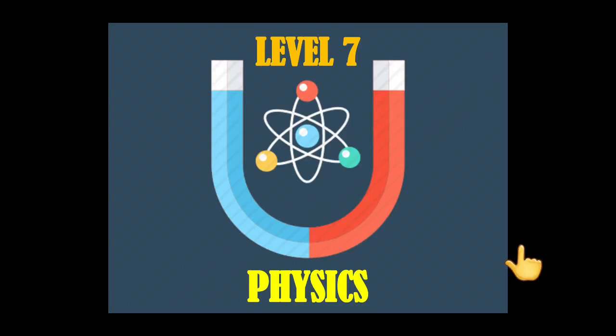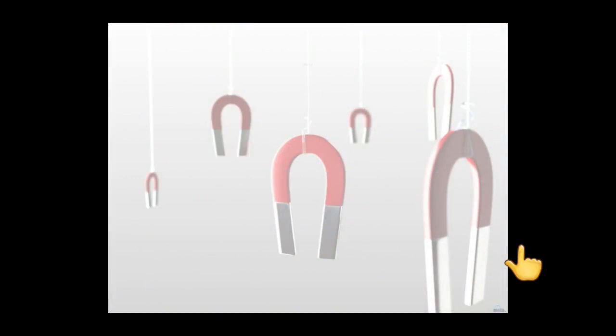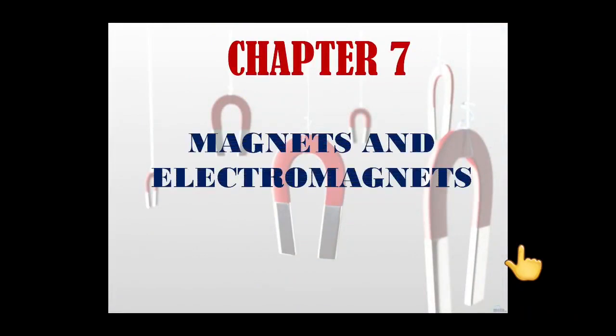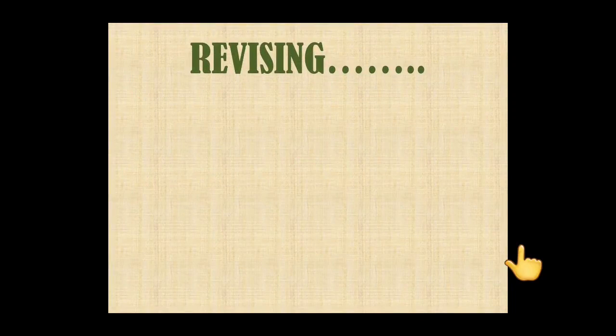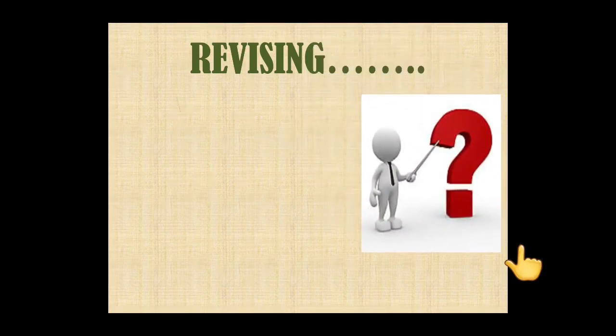In physics, we are in chapter 4, Magnets and Electromagnets. Before starting today's topic, let's revise what we have studied in the previous classes. The first topic you learned about was magnetism. Magnetism is the basic property shown by all magnetic materials.